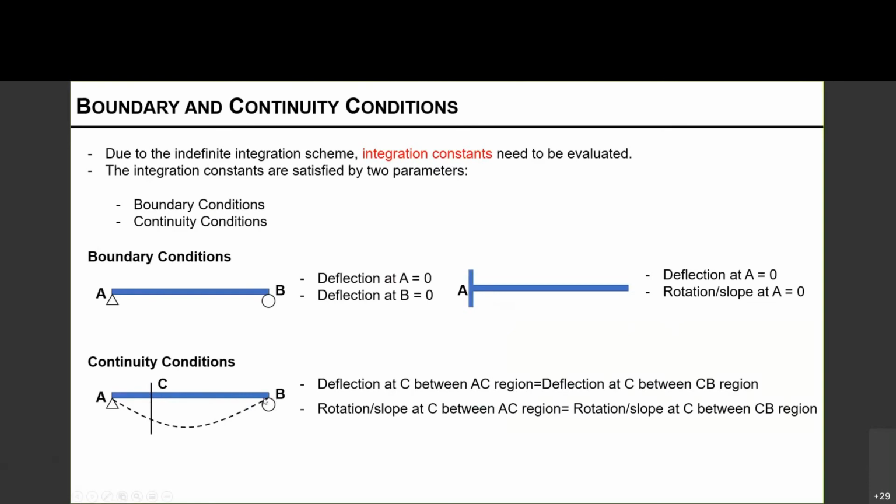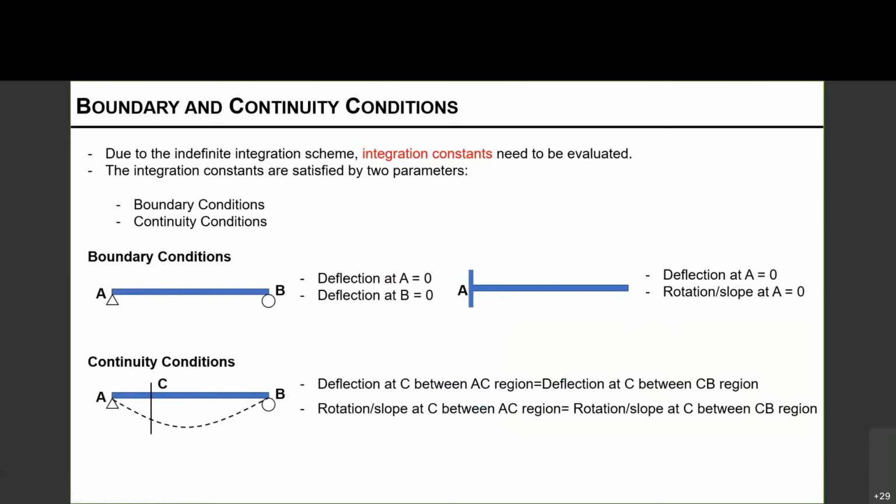So this is continuity; there is no discontinuity. Therefore, to satisfy the continuity conditions, the deflection at C in the AC region equals the deflection at C in the CB region. If they are not equal, then AC and CB are not continuous.